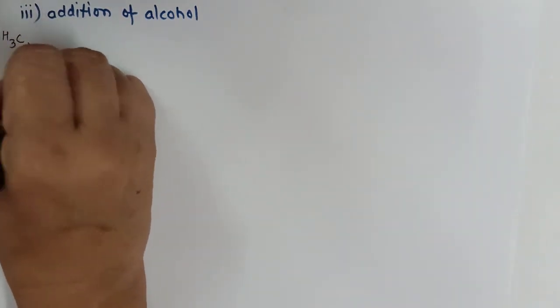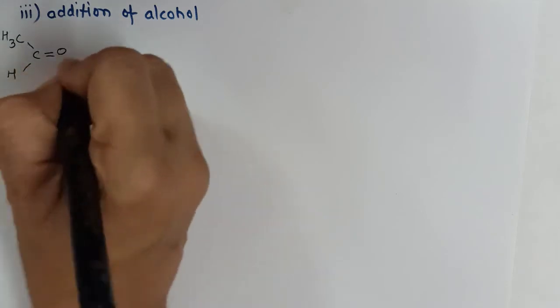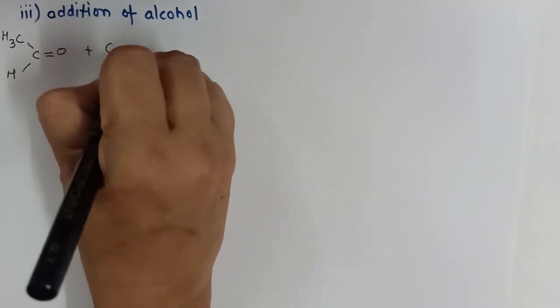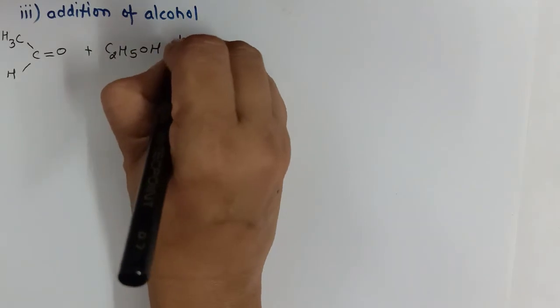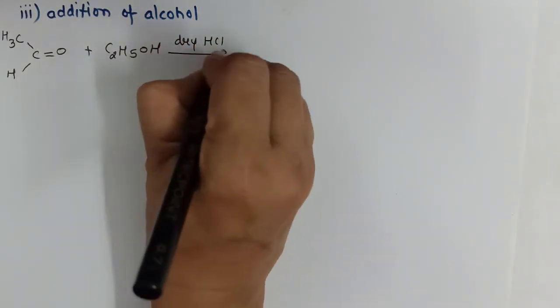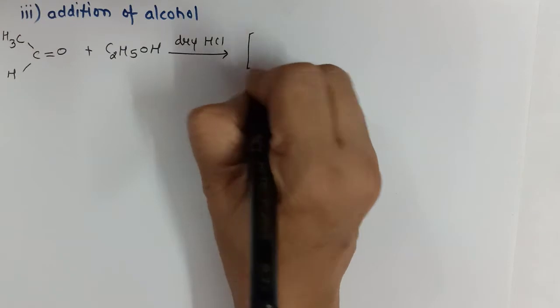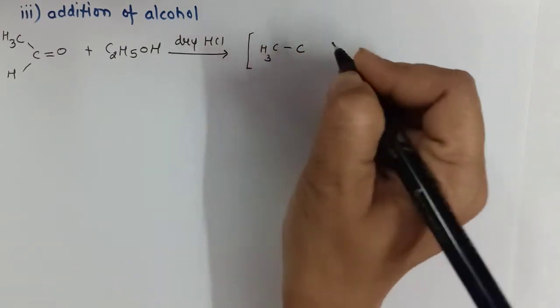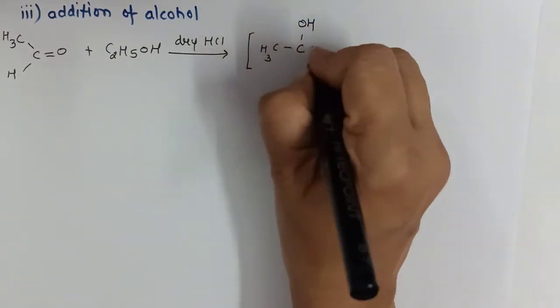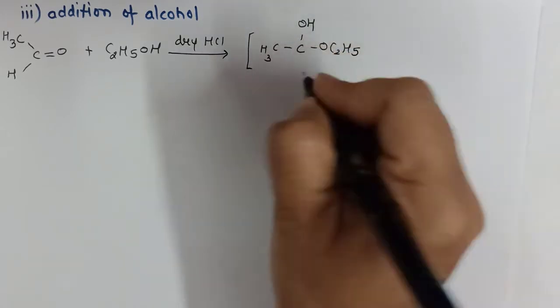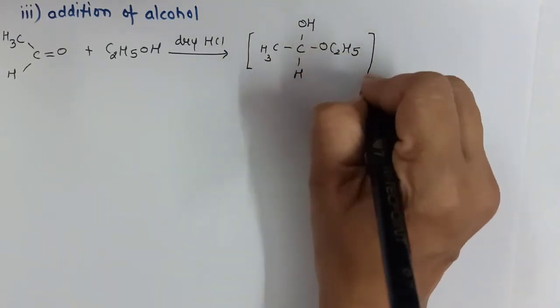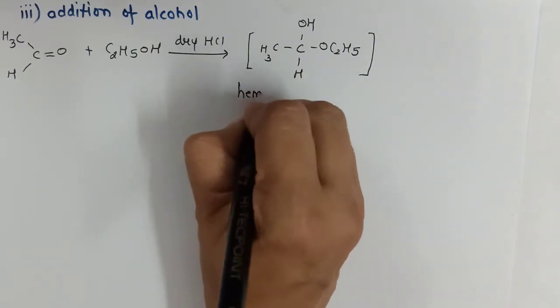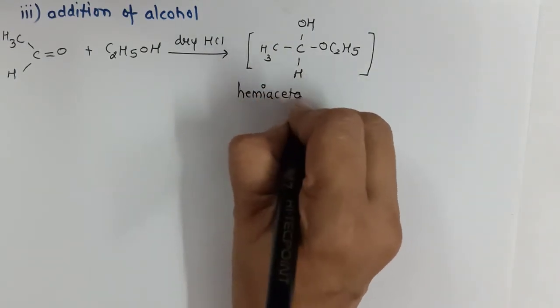So our next addition reaction of carbonyl compounds is that with alcohol. A carbonyl compound, let's say an aldehyde, when treated with alcohol like ethyl alcohol in presence of dry HCl, first of all we get a hemiacetal product. Now this is called a hemiacetal.